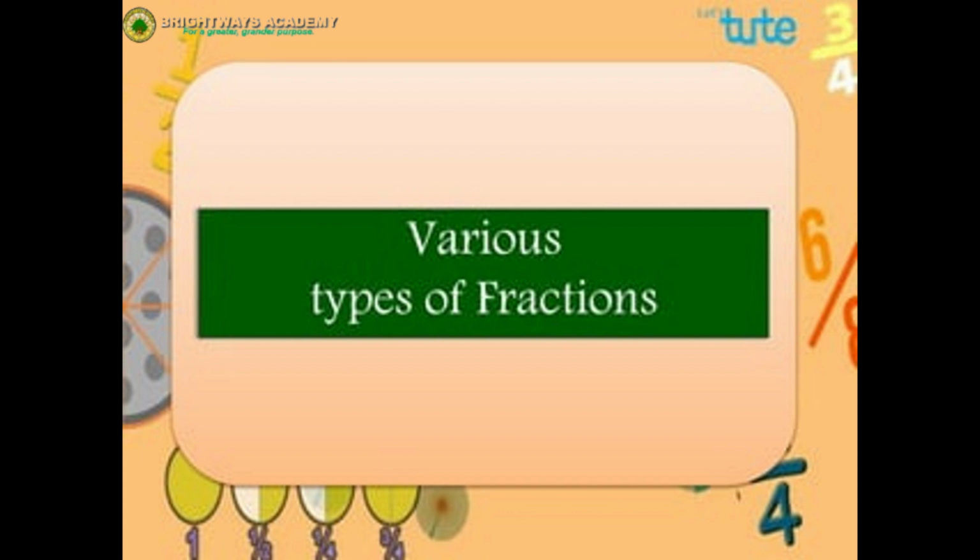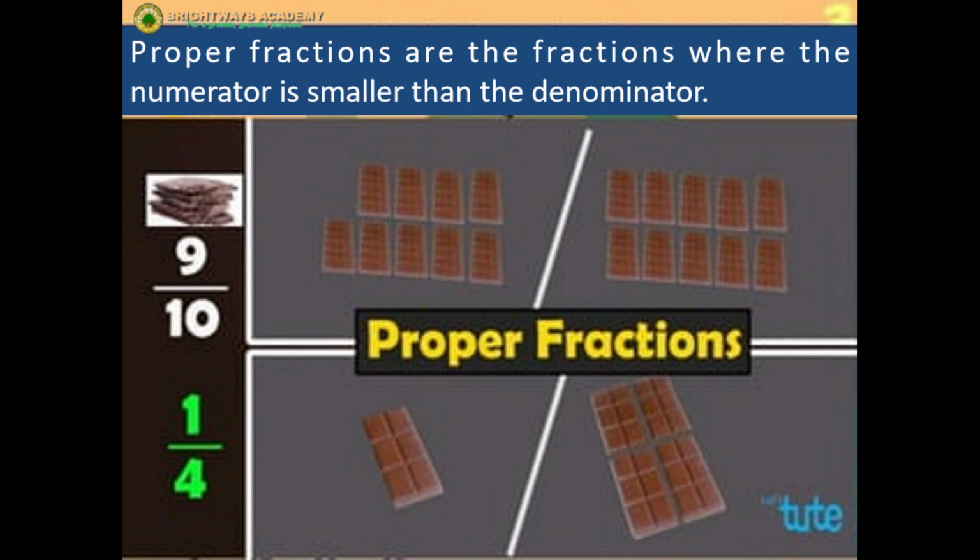So now that we know the meaning and the parts of a fraction, let's move on to the types of fractions. The first one is the proper fraction. A proper fraction is where the numerator is smaller than the denominator.